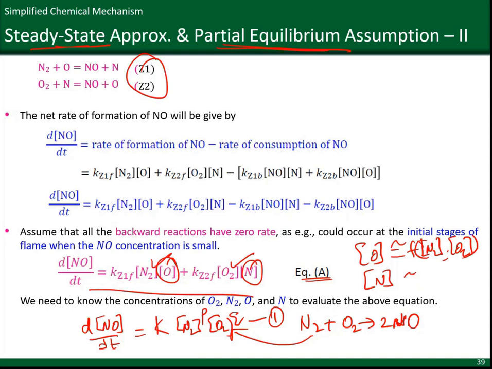If we do that, we will be able to come up with an expression for the formation rate of NO in terms of some reaction rate coefficient times the concentration of only N2 and O2, which is essentially what we want to make it really simple. Okay, so now let's move forward in that direction, and let's try to do it one at a time. Any questions up to this point?